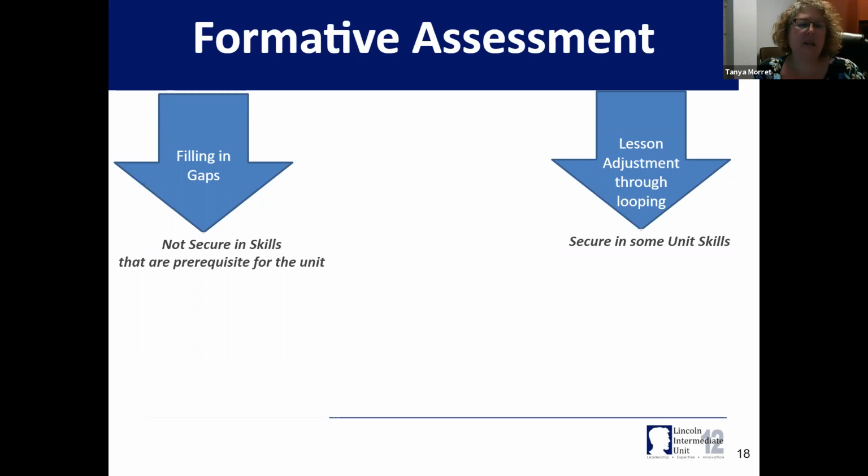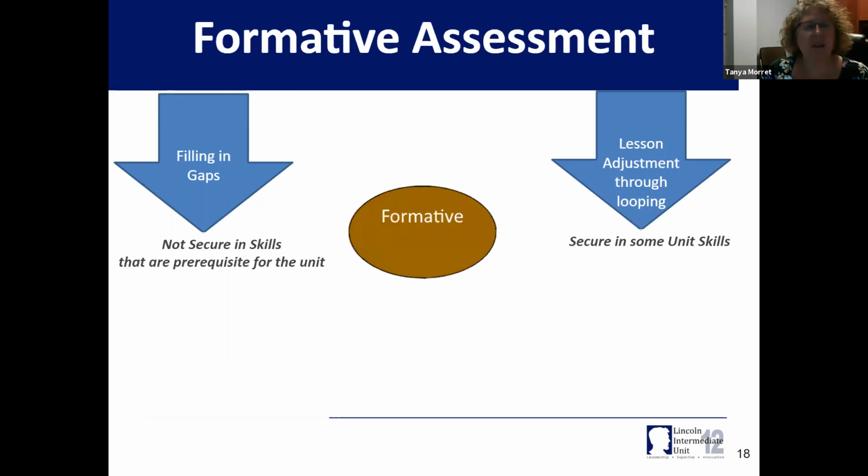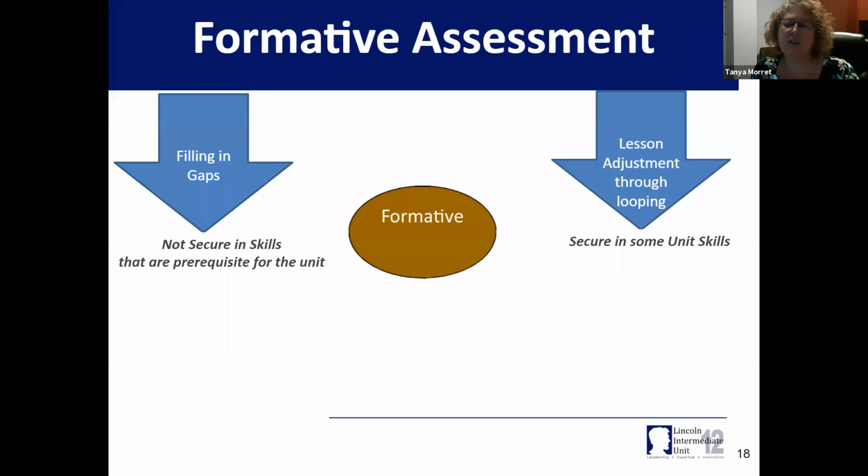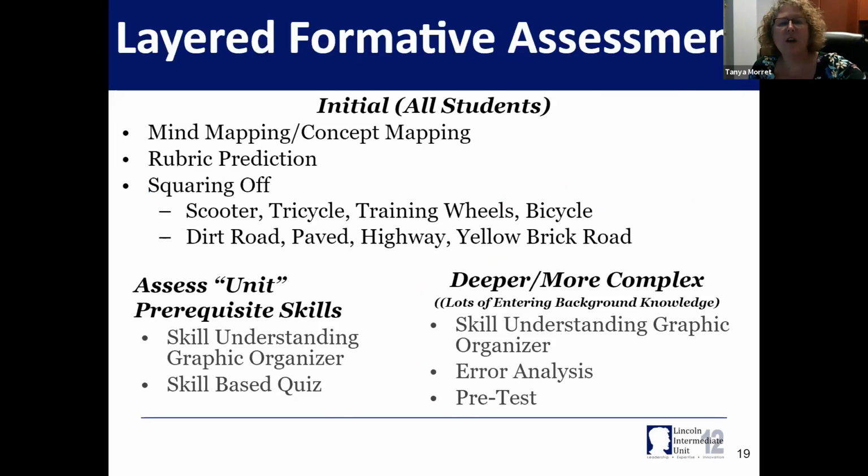Well, for starters, we're going to use some sort of formative assessment. And that formative assessment might be something like mind mapping. I might start by saying to students, where do you think you are in terms of adding and subtracting fractions with like denominators? I might ask them to predict. I might ask them to rate themselves.